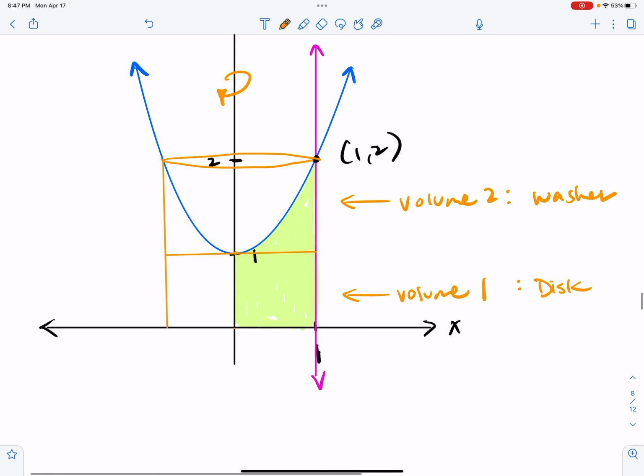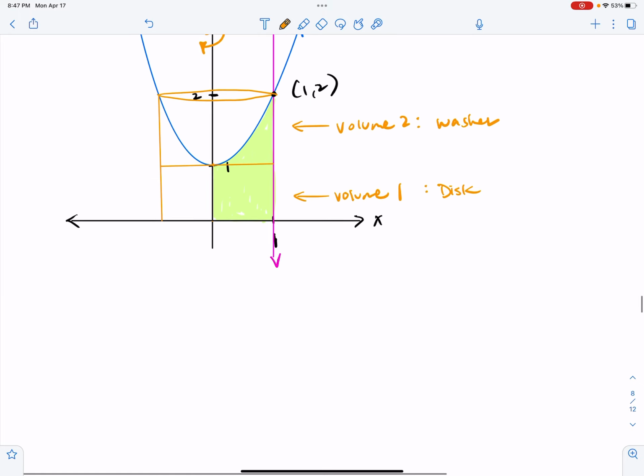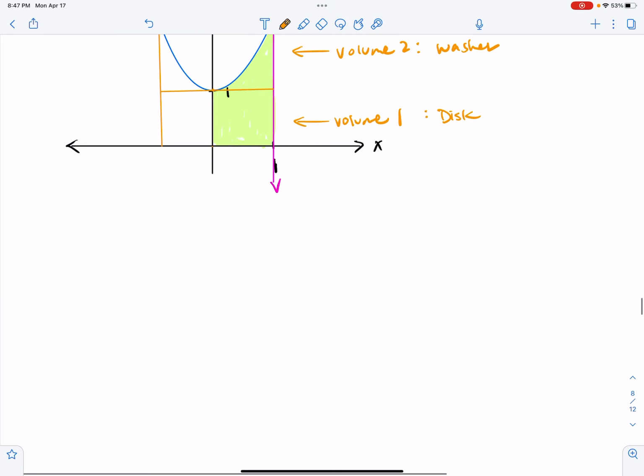Okay, so let's come up with volume 1. Our whole volume of the solid is going to be volume 1 plus volume 2. So volume 1, we're thinking disc method. That's going to be pi times the integral from 0 to 1, reading bottom to top, that interval of y values.